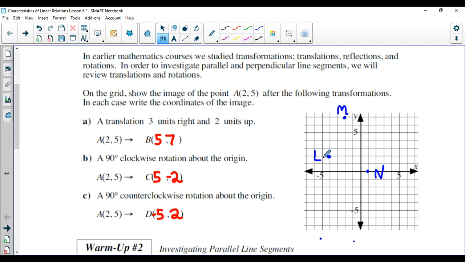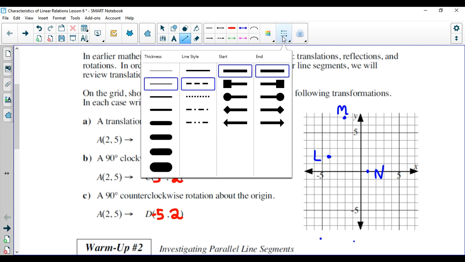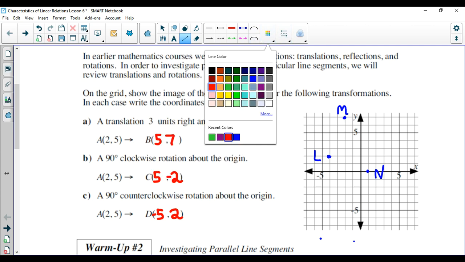Okay, so let's connect the lines here. Pick a color, blue. Okay.